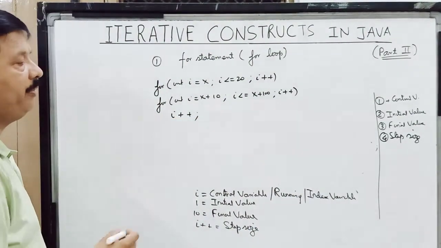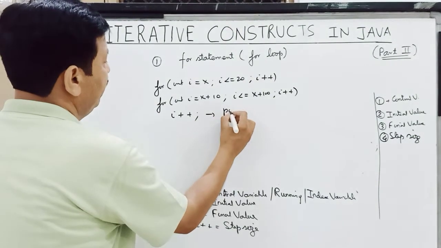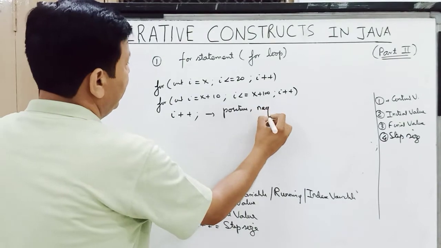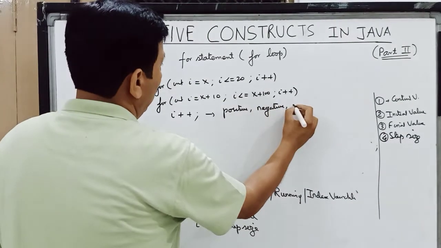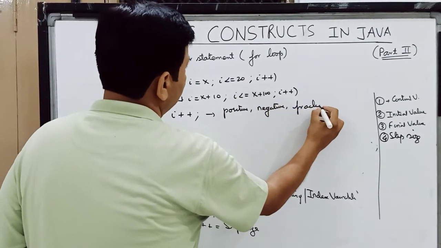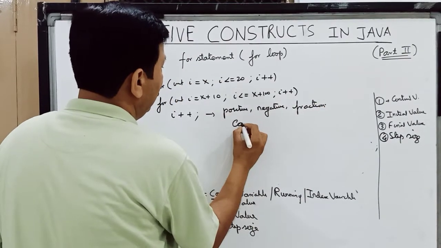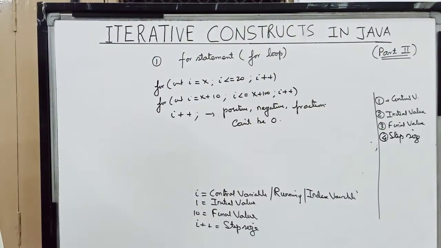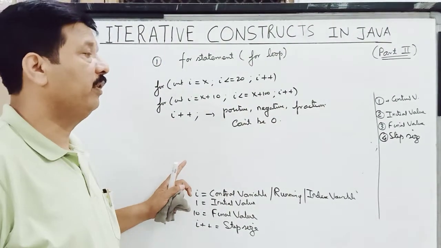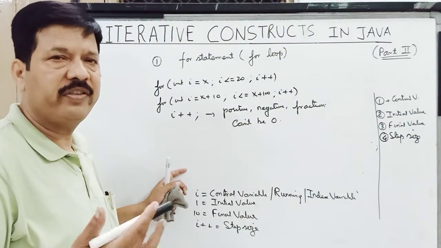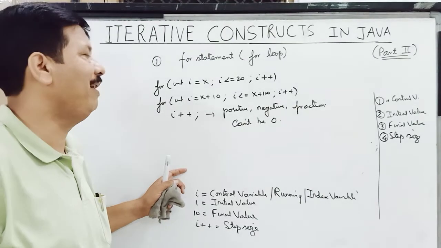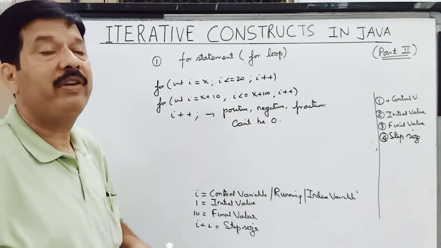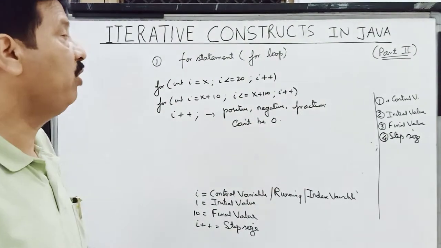Now children, the step size may be positive, it may even be negative, or it can also be in fractions, but it can't be zero. So the step size, or the value through which we are increasing or decreasing the value of the control variable, may be positive, negative, even in fractions, but it cannot be zero.